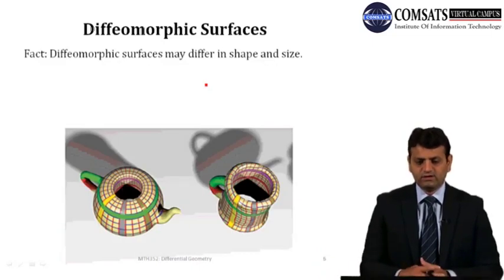Let's see what are diffeomorphic surfaces. So as I said, this is equality of differential geometry. This is the equality of surfaces in differential geometry. Now diffeomorphic surfaces may differ in shape and size.